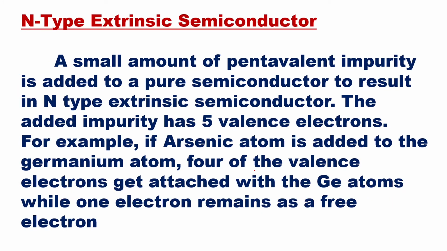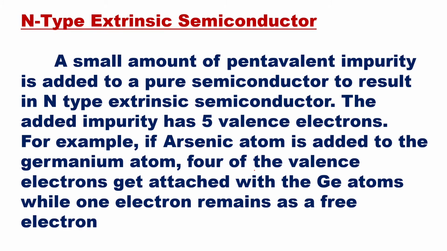Coming to the definition of N-type extrinsic semiconductor: a small amount of pentavalent impurity, meaning a material with 5 valence electrons, is added to a pure semiconductor to result in an N-type extrinsic semiconductor. For example, if an arsenic atom is added to the germanium atom, 4 of the valence electrons get attached with the germanium atom, while 1 electron remains as a free electron.